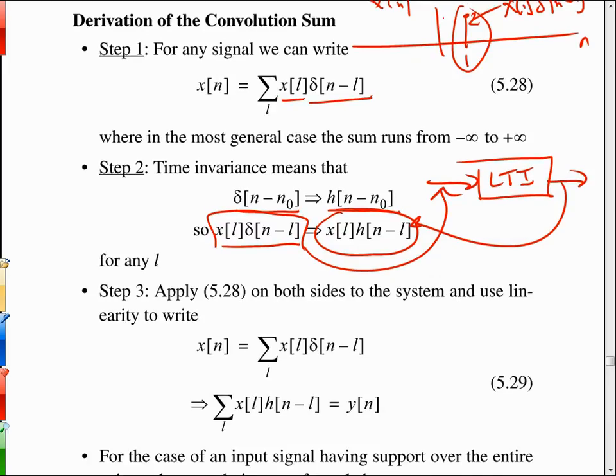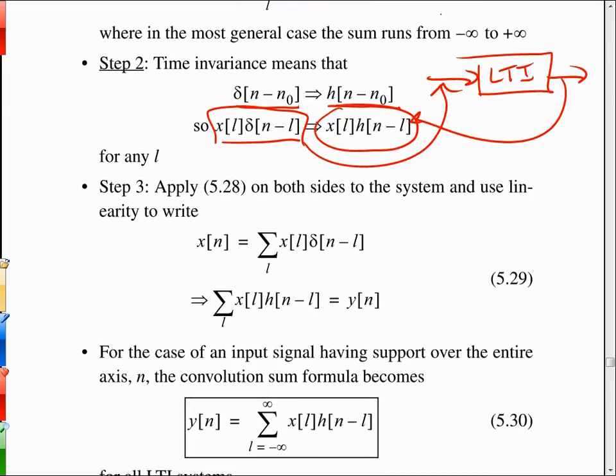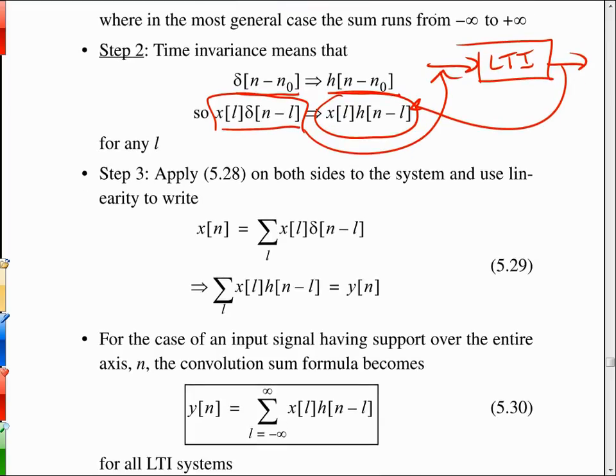So now we can go ahead and use linearity. We've actually already used linearity to some extent with the x of L on there. But we're going to now operate on both sides through the system. So we're going to write the input as this decomposition into the constants x of L times the time-shifted deltas, and then operate through the system.